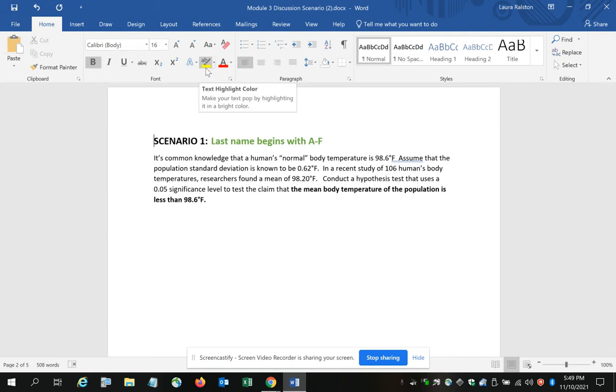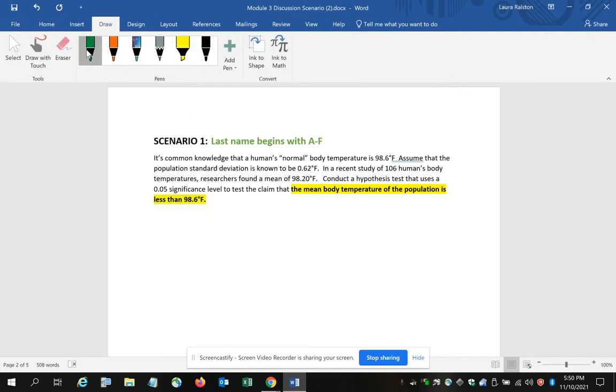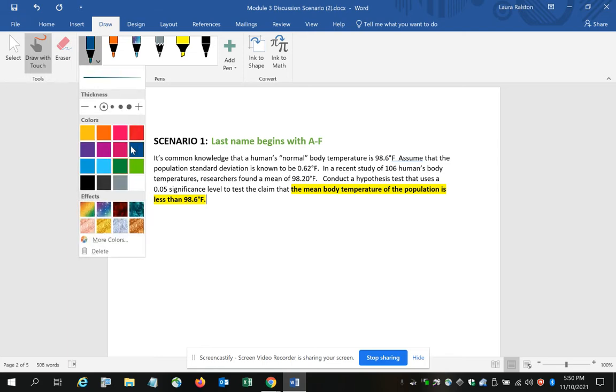Okay, first of all, you have to identify your claim or your hypothesis. Again, as I stated earlier, typically that's towards the end of the problem. I tried to help you out on this assignment because I put it in bold print. Also, if you look for that keyword, it says test the claim. So my hypothesis is the mean body temperature of the population is less than 98.6 degrees Fahrenheit.